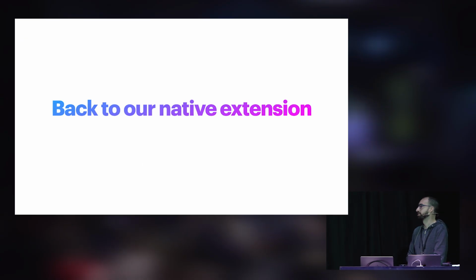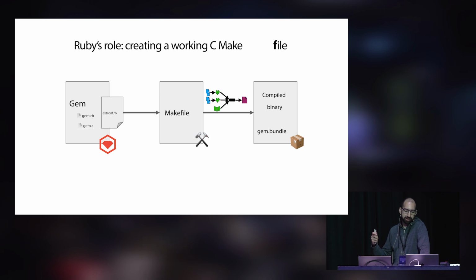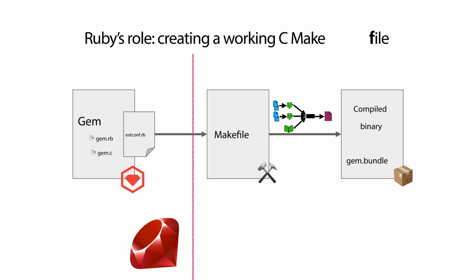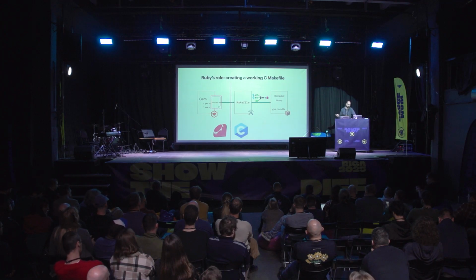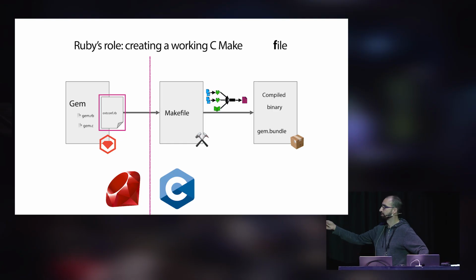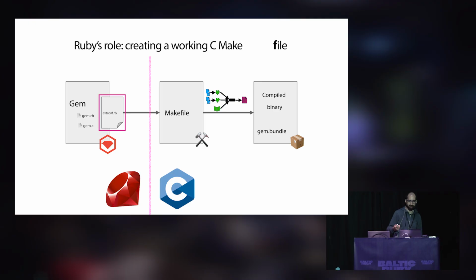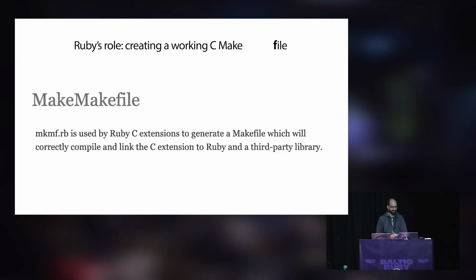So back to our native extension, this is what we saw. If I draw a line here, you can see that on the left side there's Ruby, and on the right side there's C stuff. The link that's really important is this extconf.rb here. extconf.rb is a file that makes the Makefile that will be used for everything else. Of course, there's a library in the standard library, called mkmf, and it's exactly what it sounds like.